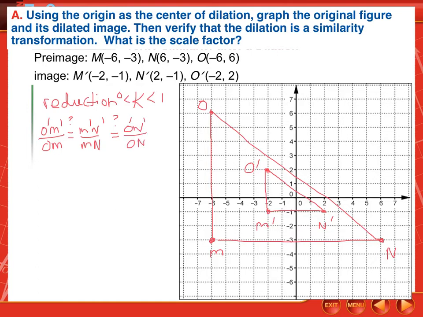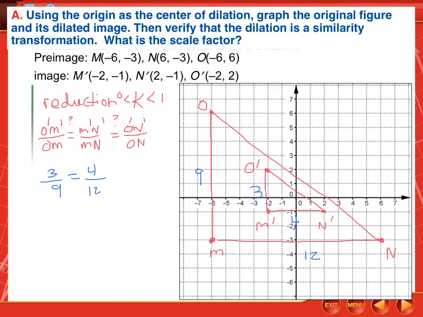So let's take a look at the two vertical and horizontal sides being the easier ones. O prime M prime we can see is 3 in length, and OM is 9, and M prime N prime is 4, and MN is 12.